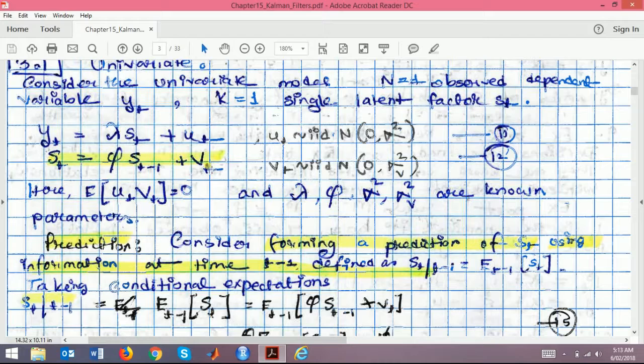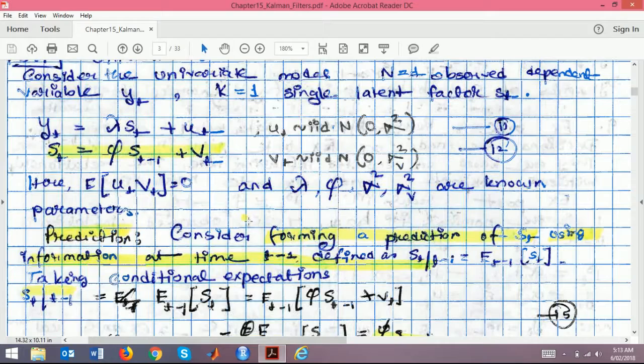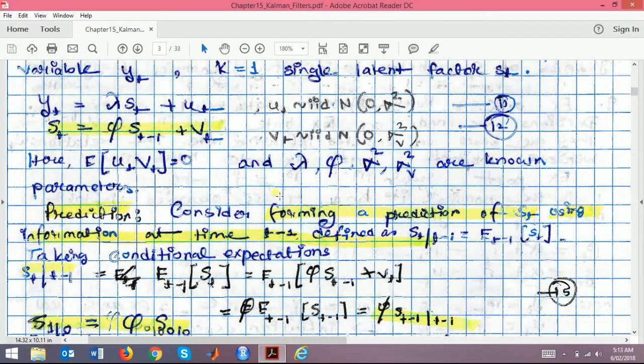There is no relationship between these two variables, or there is no covariance. Hence the parameters lambda, phi, sigma square, the variance of the residual, and the variance of the disturbance term are known parameters. Basically, if they are not known, run a maximum likelihood estimation to estimate them.